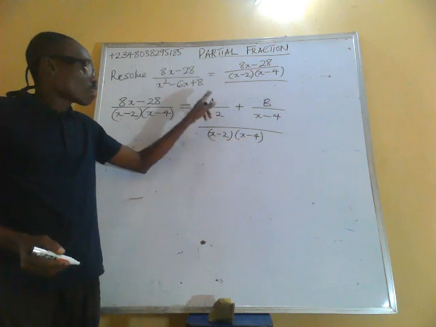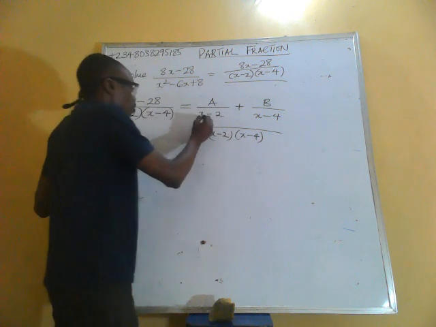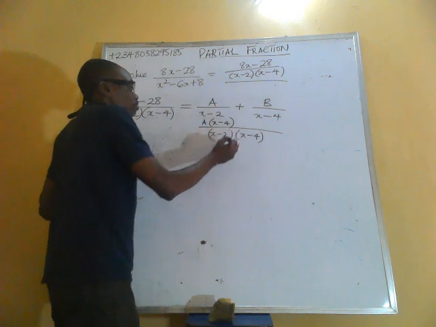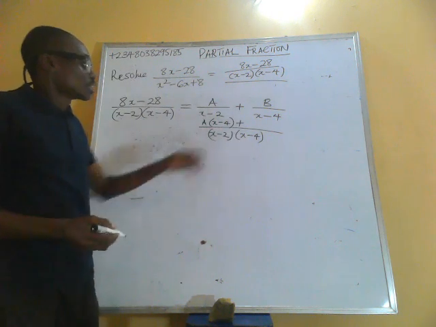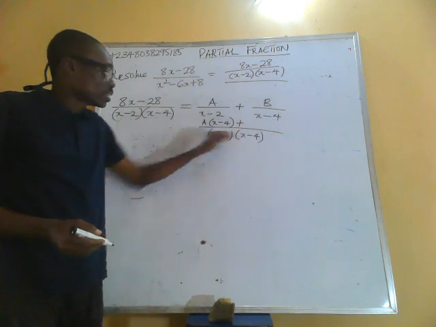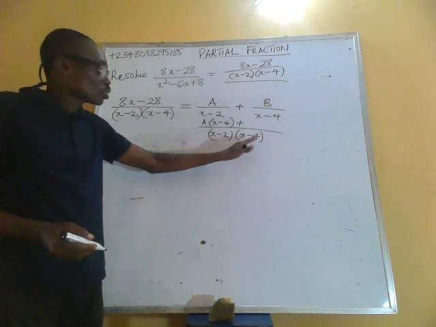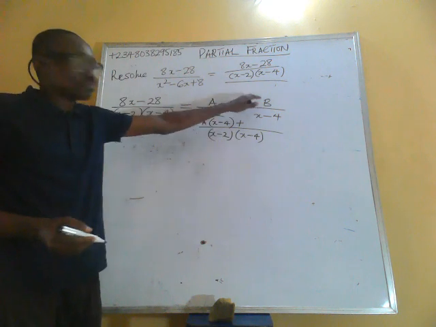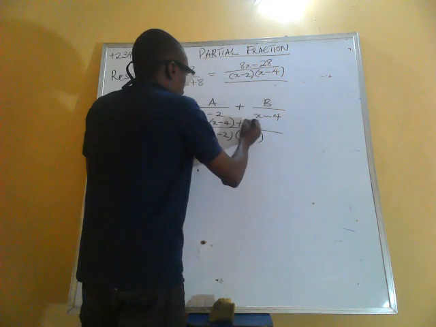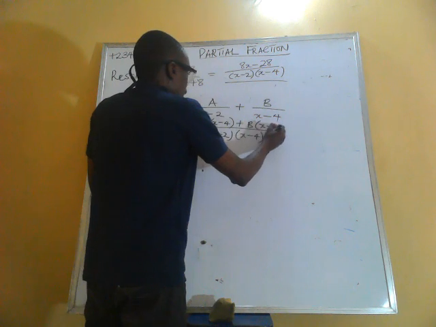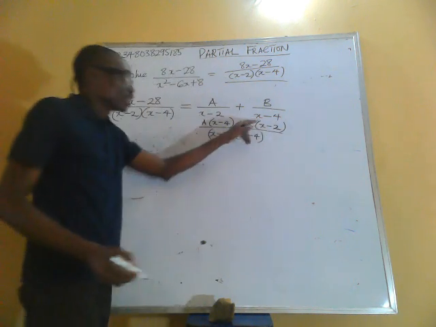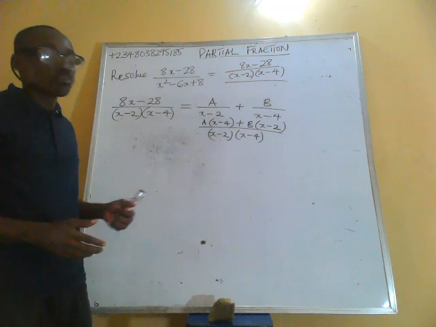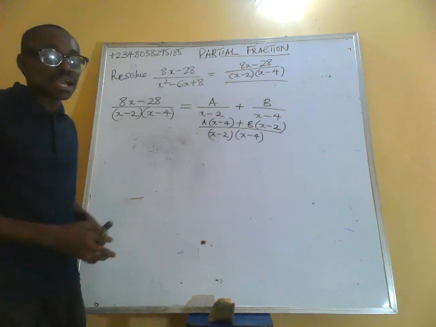So you're going to have a times x minus 4, plus, in this LCM, x minus 4 will cancel x minus 4, leaving you with x minus 2. So you have b times x minus 2. I don't need to put a times sign because the bracket already implies that whatever is outside is multiplying whatever is in the bracket.